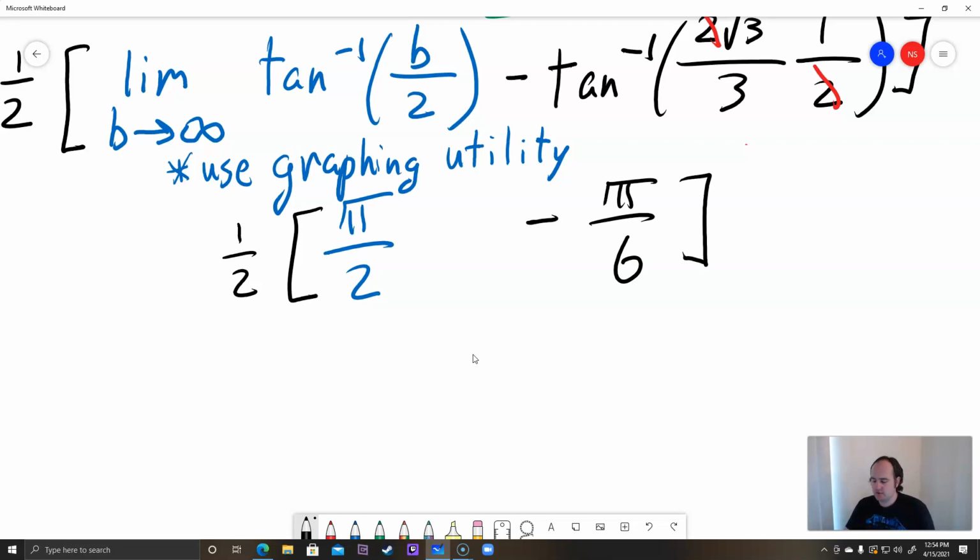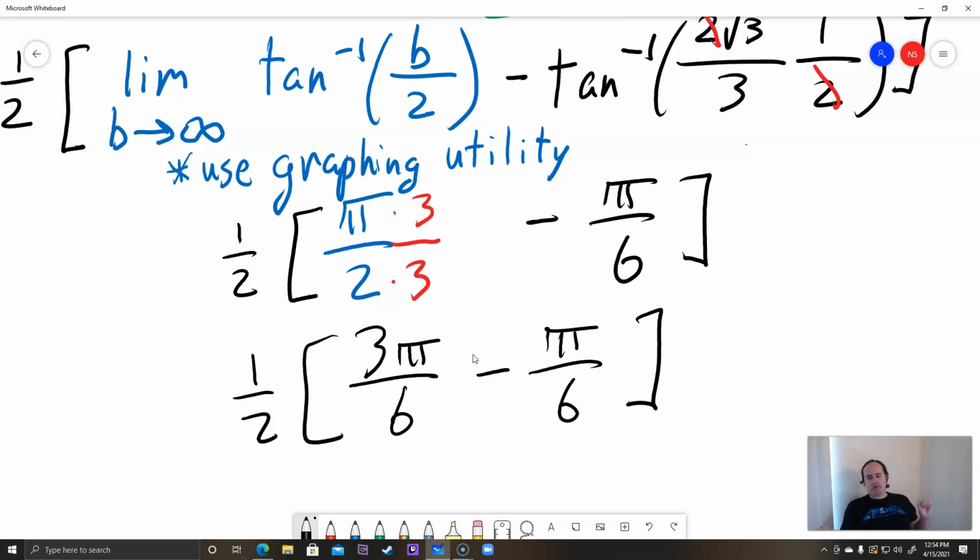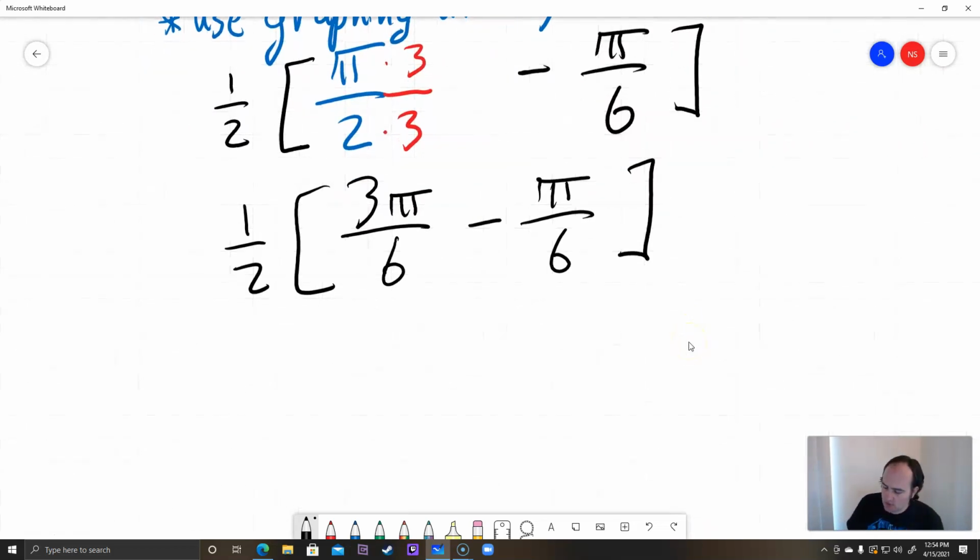So for pi over 2, if we multiply that one by 3 on the top and the bottom, then we're going to go ahead and get 3 pi over 6. Okay, so we have 3 pi over 6 minus pi over 6, and then we have a 1/2 out front. And we know that 3 pi over 6 minus pi over 6 is 2 pi over 6. Okay, so we have 1/2 times 2 pi over 6.